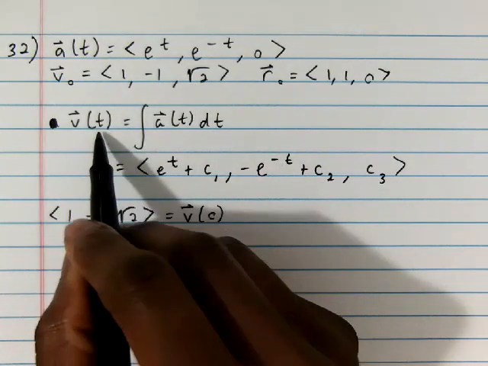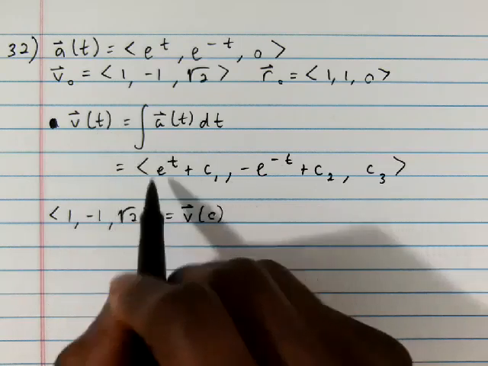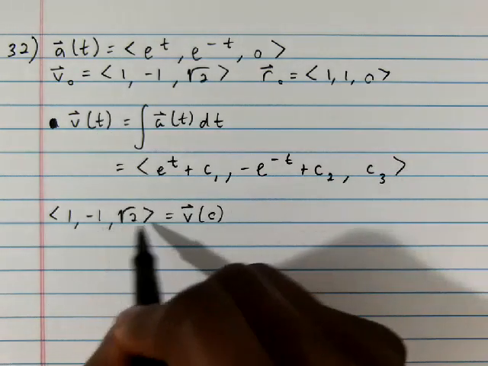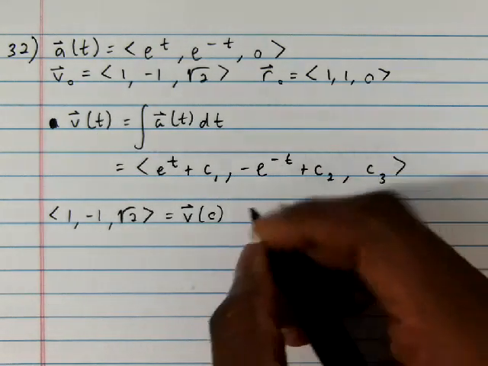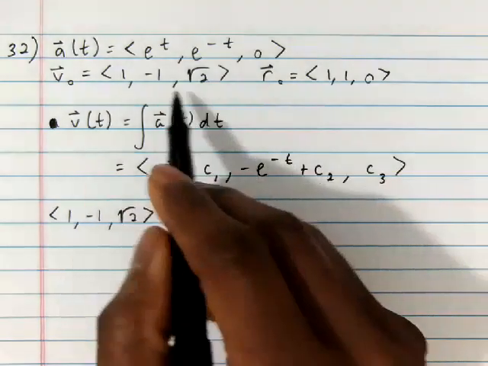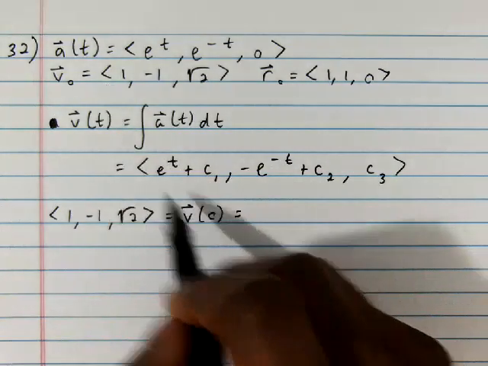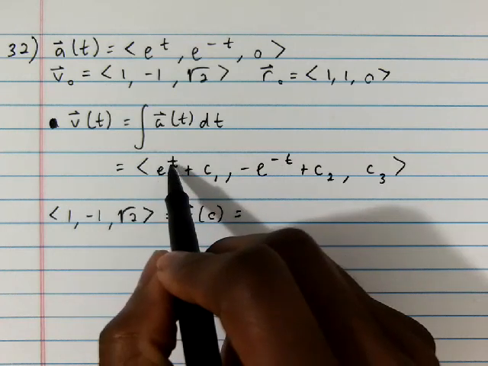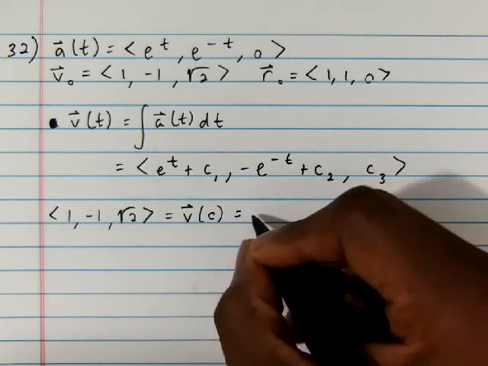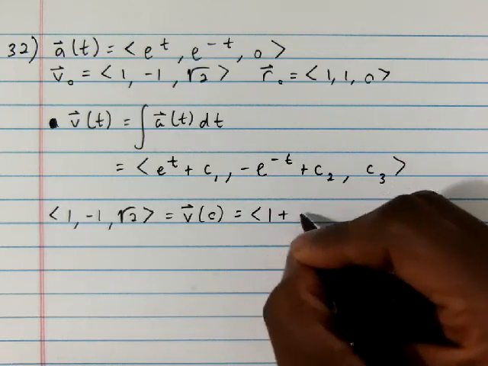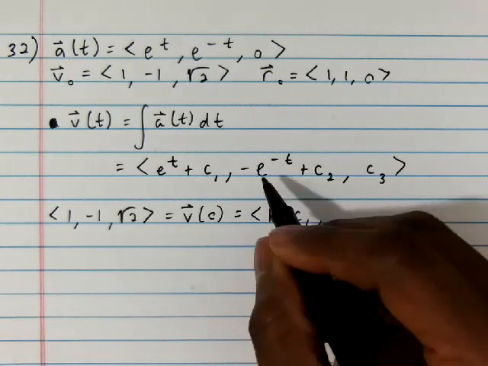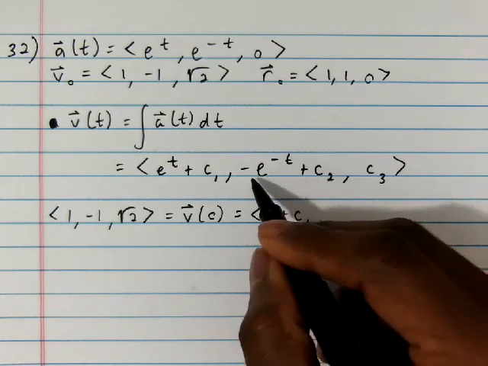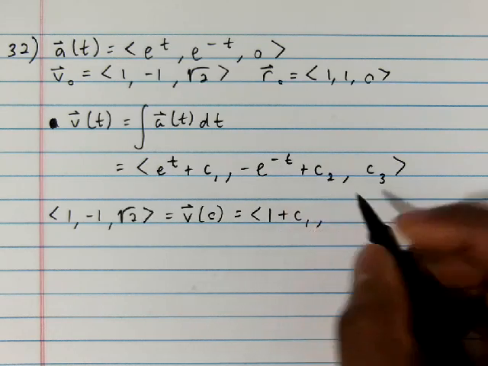Now we have a v of t, so we're going to plug 0 into here and set those equal to one another so we can solve for c1, c2, and c3. According to our given information, this is v of 0. According to what we did, v of 0 is also e to the 0 plus c1, so that is 1 plus c1. Then comma, negative e to the 0, so negative 1 plus c2.